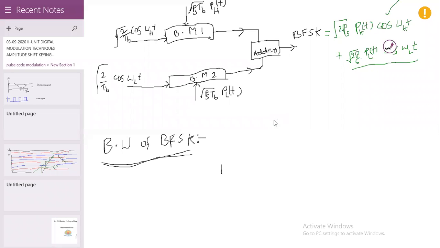So here we indicate that PH of t and PL of t are unipolar, that is, the voltage levels are between 1 and 0 only.